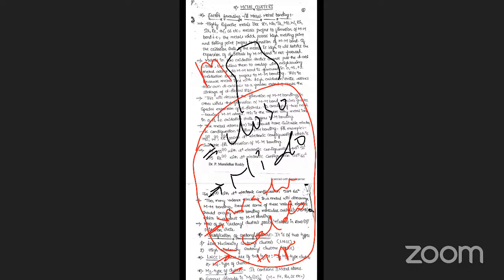Okay. So what about the carbonyls? Previously we discussed the carbonyls. Two types of carbonyls are there. One is the LNCC, low nuclearity carbonyl cluster.